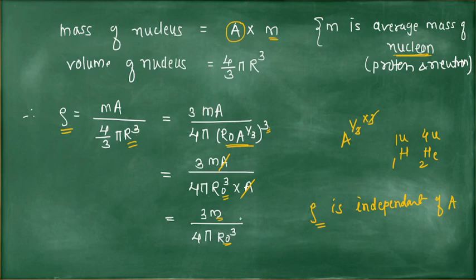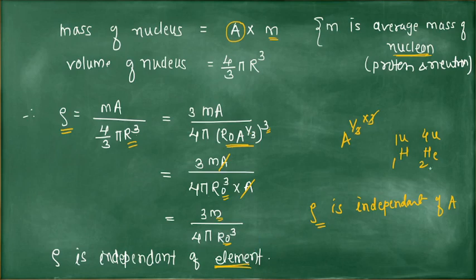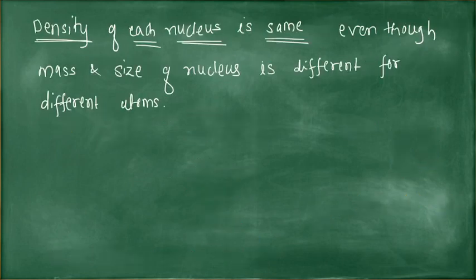Density is constant. It is independent of element, means it does not depend on mass number. Here we have seen the elements are different but nuclear density is the same. So density of each nucleus is the same even though mass and size of nucleus are different for different atoms.